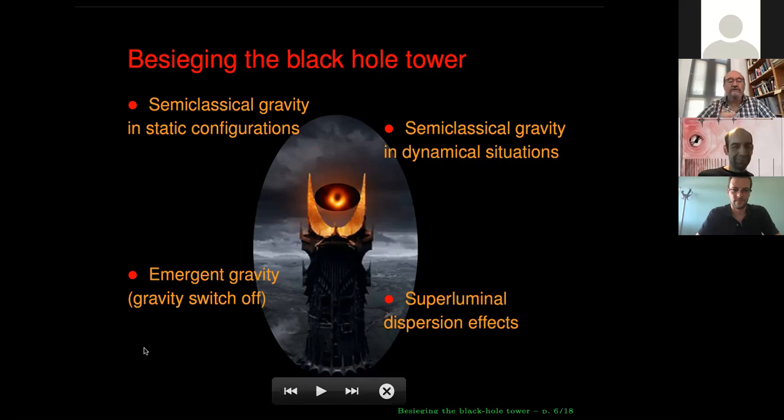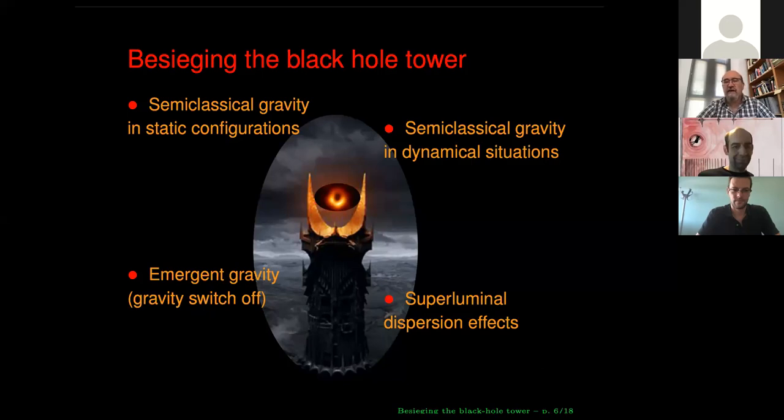Then there is another topic which I'm working on, which is what I call emergent gravity. This is the analysis of how viable it is to have a theory of gravity emerging from condensed matter-like systems. Although there is no complete theory of emergent gravity, there are many ideas floating around. One thing that is suggested in this framework is that gravity could switch off at very high energies, at Planckian scales, when matter reaches Planckian densities.